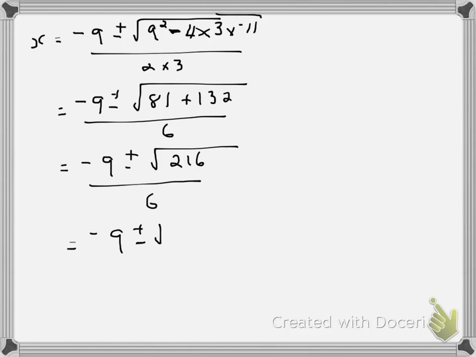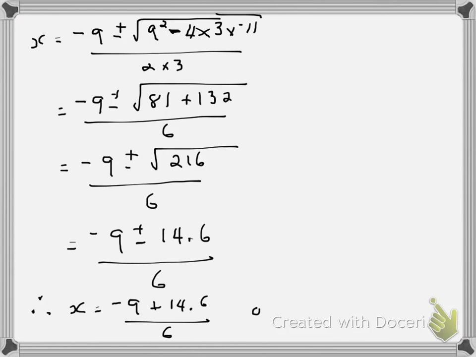If I keep going, negative 9 plus or minus the value comes out to be approximately 14.6. That's one decimal place. That'll do for me. Over 6. Now, once I get that part, therefore, x will equal negative 9 plus 14.6 over 6, or x will equal negative 9 minus 14.6 over 6.